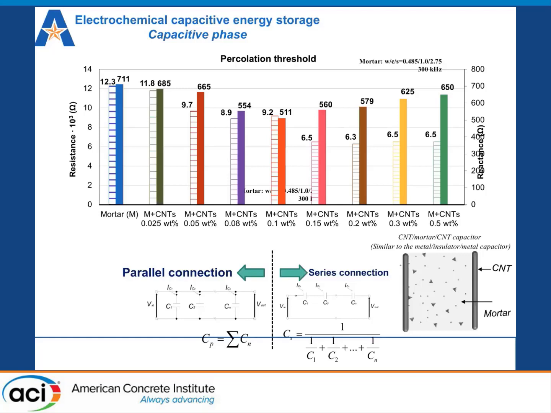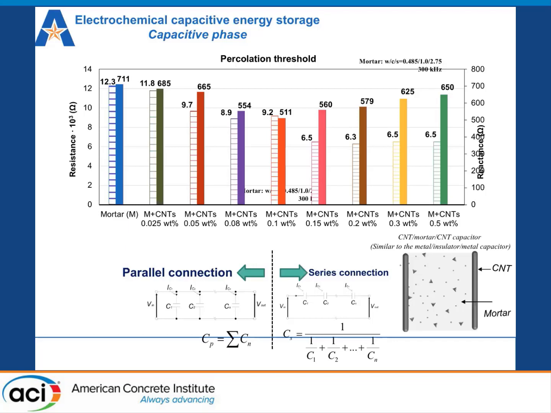And these higher reactance values, therefore, are indicative of a higher electrical energy storage capacity due to the presence of either bigger or more CNT agglomerates that are capable of storing electrical charge.